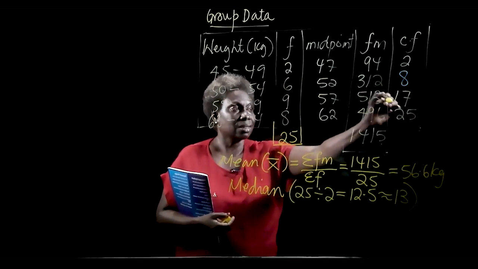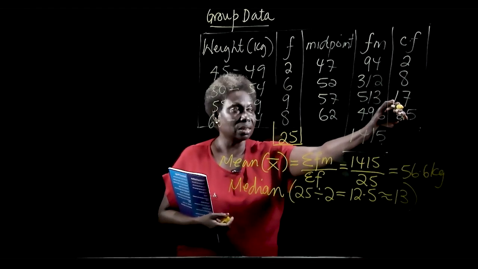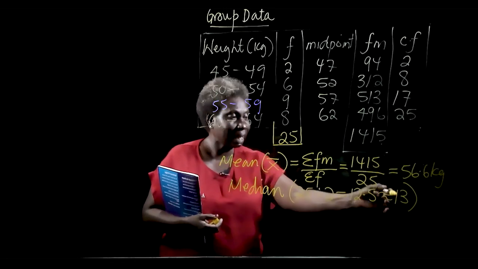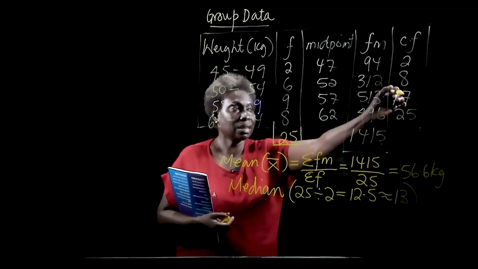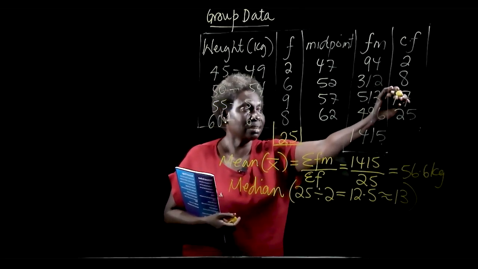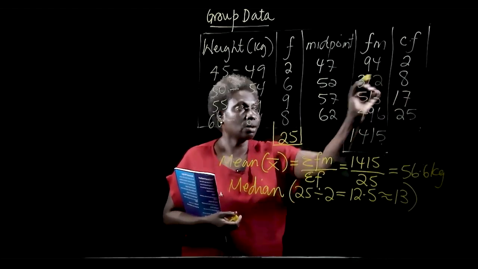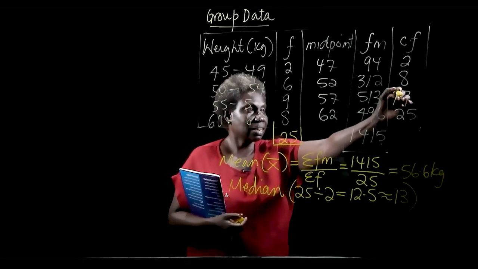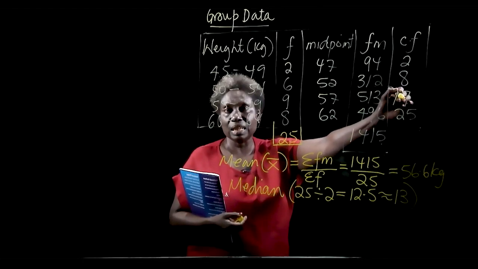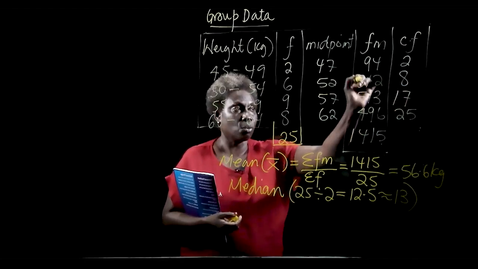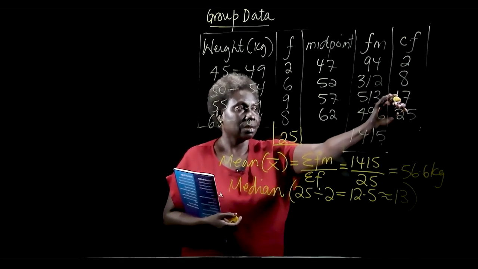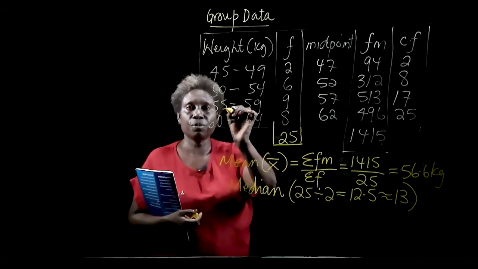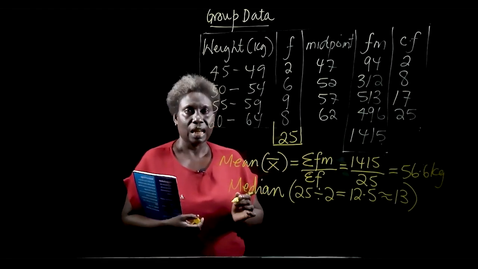From the 9th to the 17th student weigh 55 to 59, and 13 is in here, so the 13th student gives us the median weight. Therefore, the 13th student is in the range of 55 to 59 kilograms.